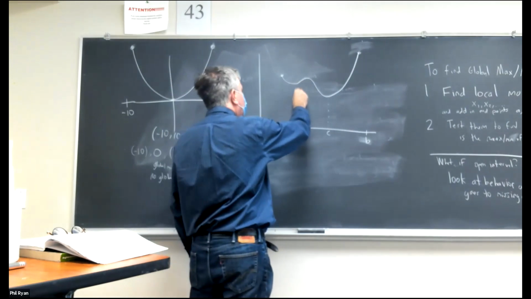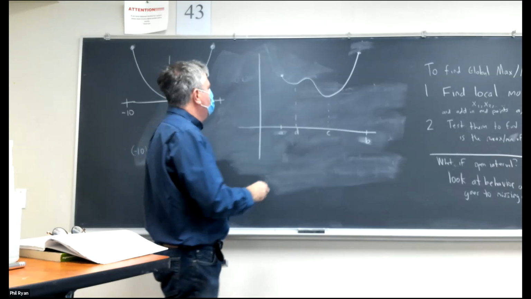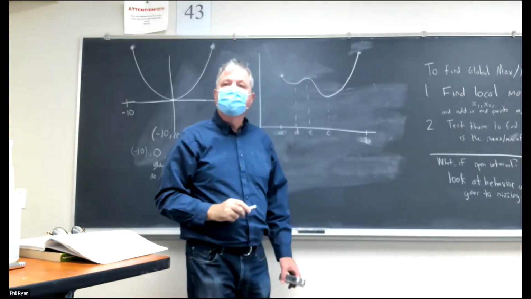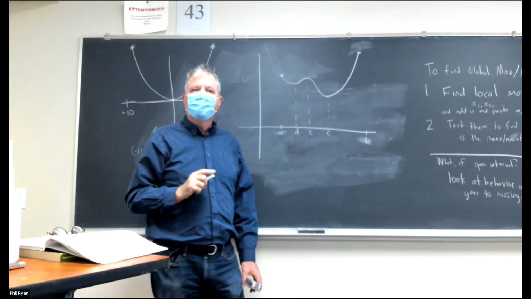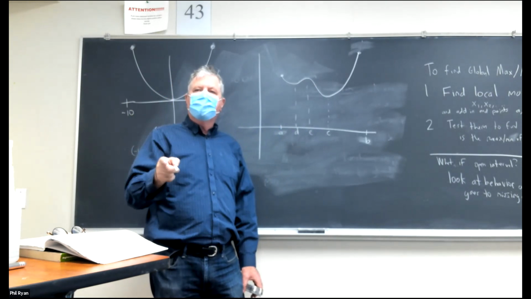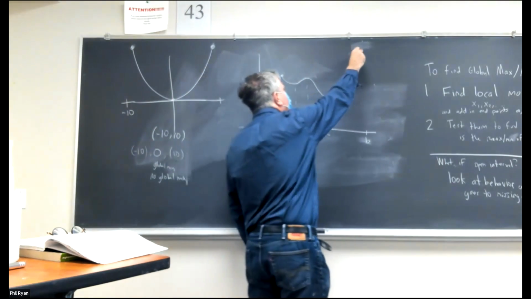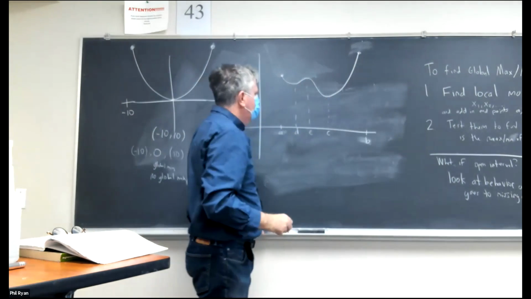It's C and D. And the local maximums are A, E, and B. So the endpoints can still be a local maximum or local minimum. So the local max and min are going to be endpoints or critical points. So yeah, we decided that these weren't critical points. Okay. These are the critical points.